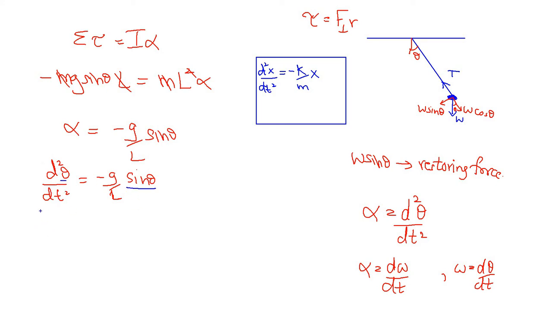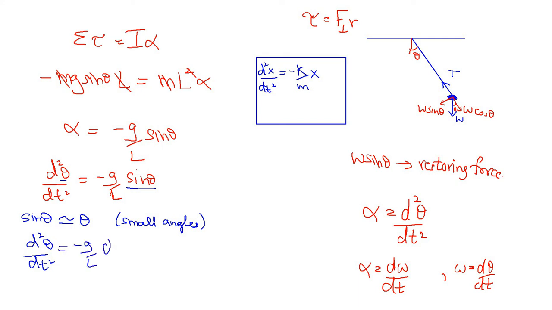But there is a property of sine: for really small angles, like less than 10 degrees, for just a small angle approximation, sine theta is approximately equal to theta. And so it turns out that for small angles, a pendulum undergoes simple harmonic motion, not for large angles, but for small angles.